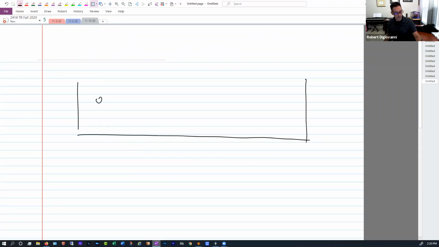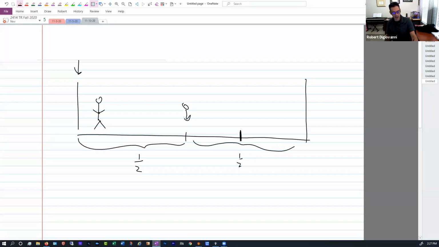She was standing over here, and she said, okay class, if I start at this wall and I walk halfway across the room and stop, and then walk halfway again, half of that, so to here, and stop, and then halfway again, stops, halfway again, stops, halfway again. Her question was, will I ever reach the other side of the wall?